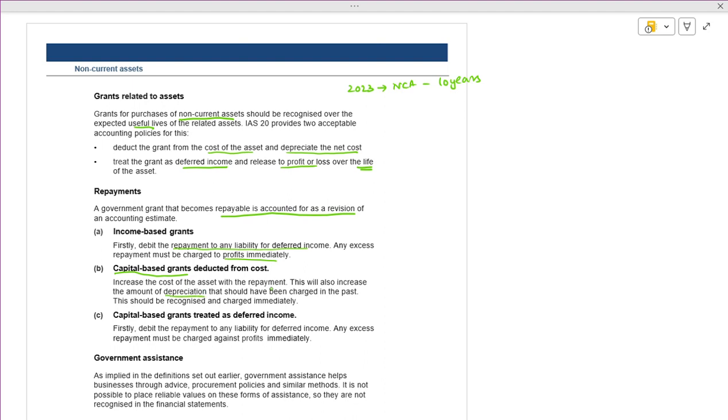Definitely, as the cost of the asset is increasing, the depreciation amount will proportionately increase. And for capital-based grants, first debit the repayment to any liability for deferred income, and any excess has to be taken to profit. These are very, very important points.